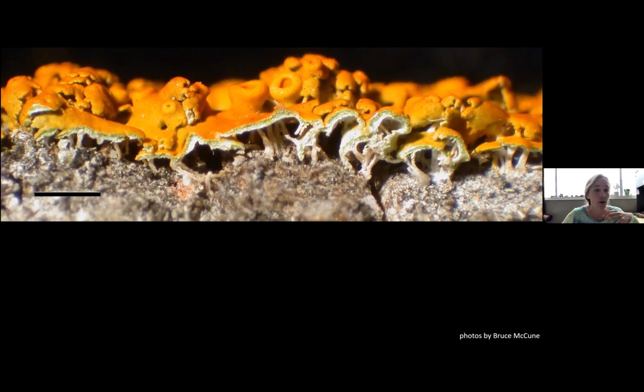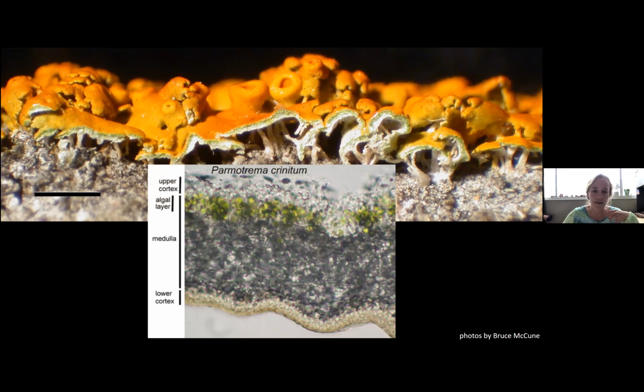And they don't have roots, and they don't have an ability to go into the tree. So what that means is they're getting all of their nutrients directly from the air. And if you take a cross section and throw it under a microscope, you'll see this layer of fungi up here, and then this little layer of algae.